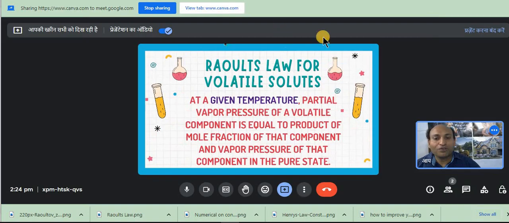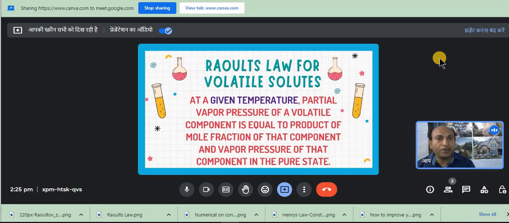Now we are going to discuss Raoult's law. Raoult's law applies to two cases: in one, both the solute and solvent are volatile, and in the second, one is non-volatile and the other is volatile. Let us take the first case, where both are volatile components.